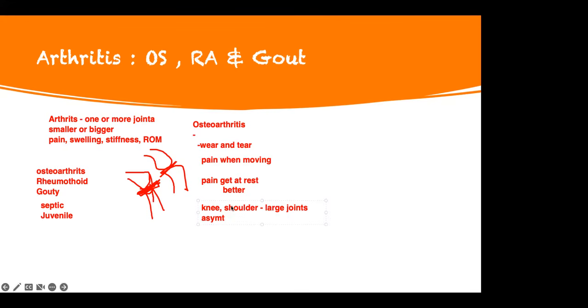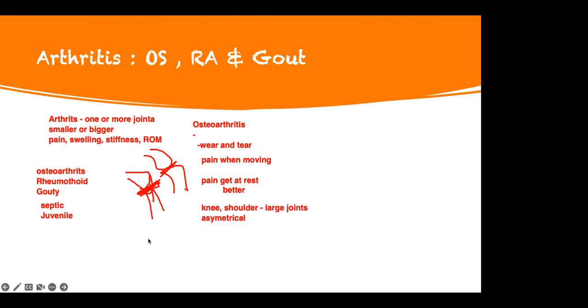Once again, this is key. You're usually not going to lose both of your knees, otherwise you can't walk anymore. So it's mostly one knee. If you listen to old women or men, they say, my right knee is always, my right shoulder is killing me. Yes, it's always one side, not two sides. So it's asymmetrical, involving large joints. You get pain when you move it, but at rest, the pain is fine.